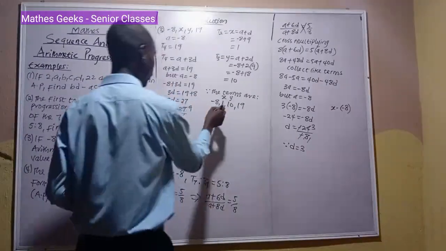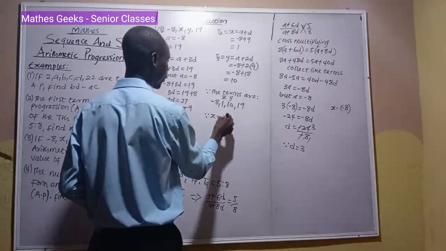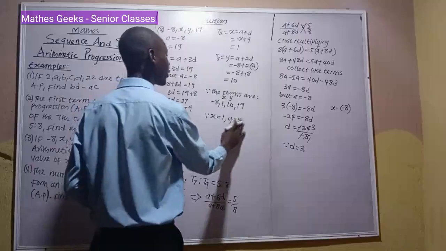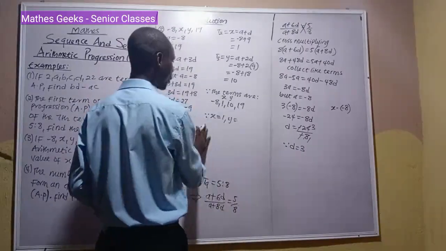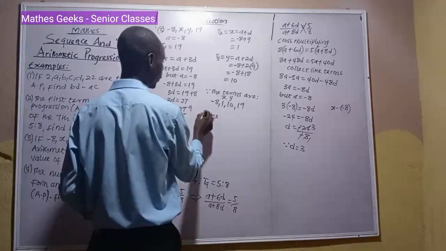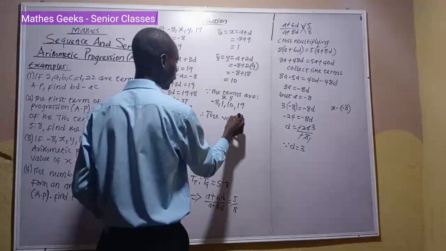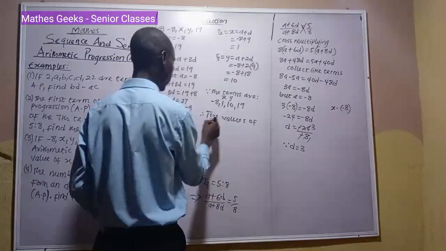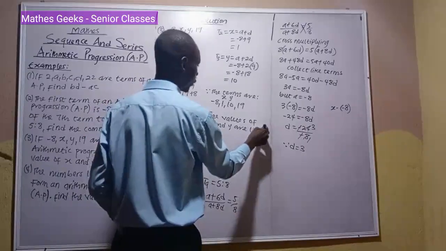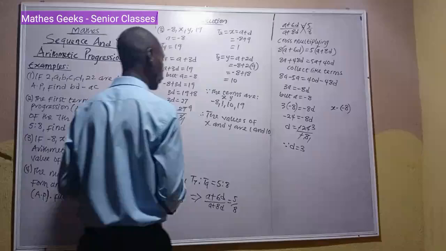So we can say, therefore, x is equal to 1, y is equal to 10. So the values of x and y are 1 and 10.